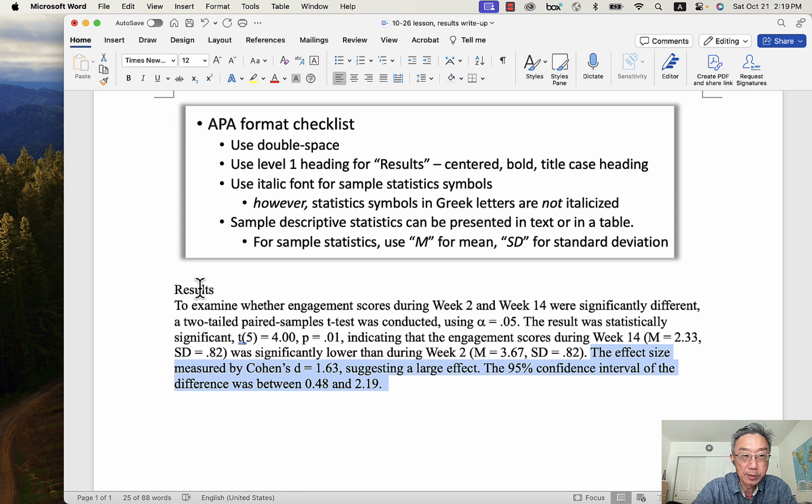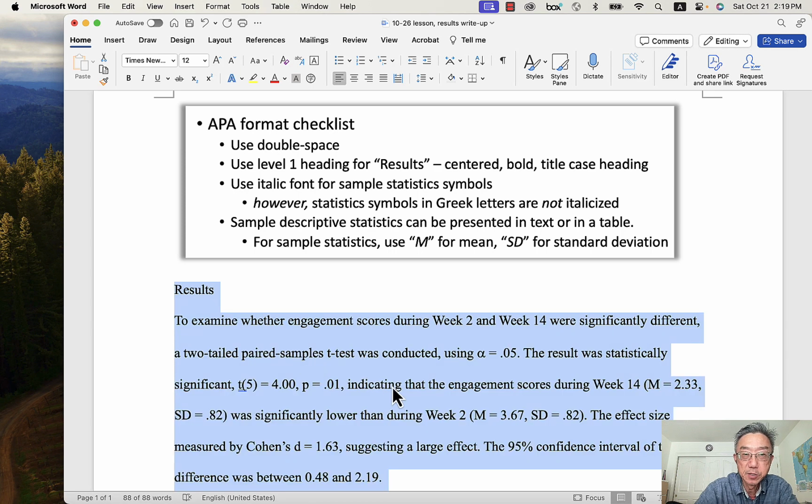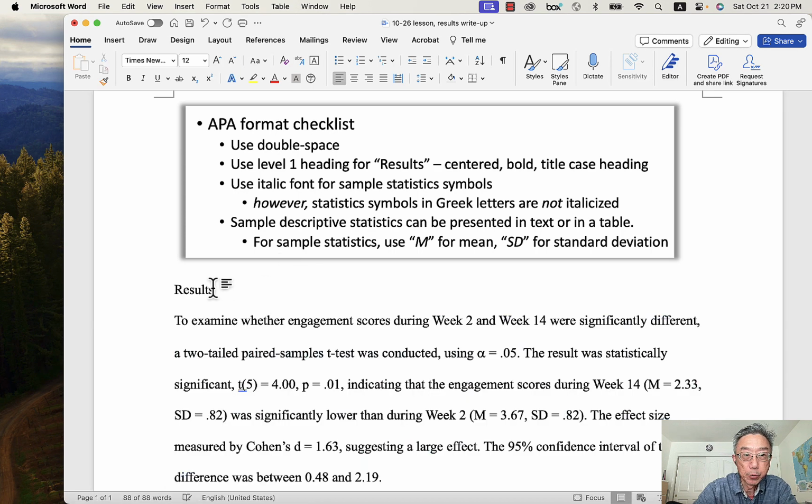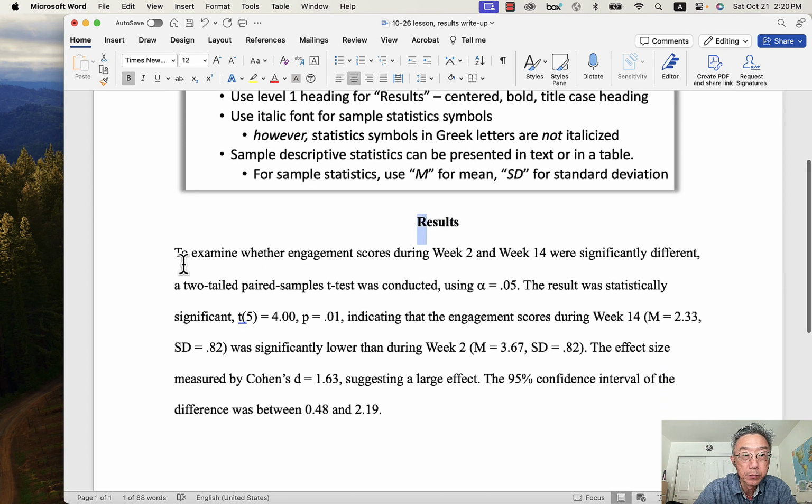Now, let's format the whole thing. Double space. And Results, it's the level 1 heading, so it's centered and bold. And the first letter is in uppercase, so that's a title case heading.